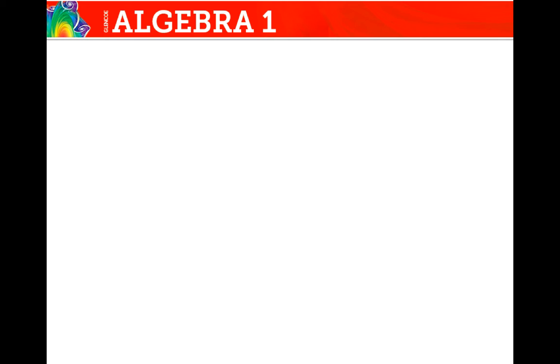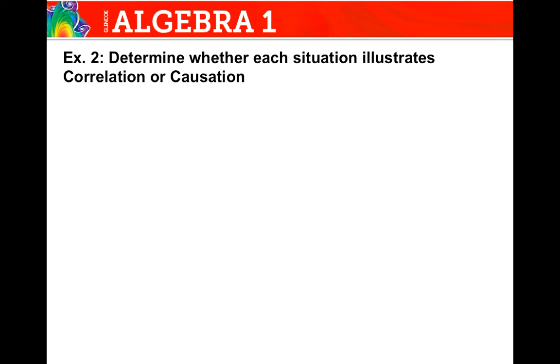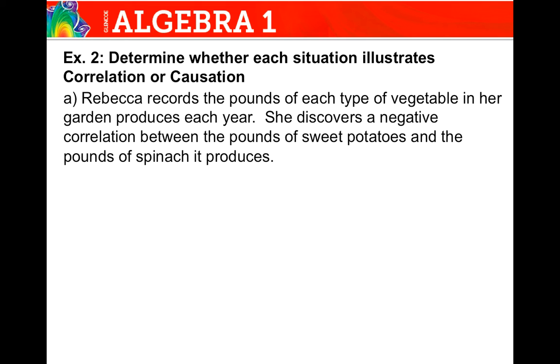So looking at these next examples, let's determine whether each situation illustrates correlation or causation. Rebecca records the pounds of each type of vegetable her garden produces each year. She discovers a negative correlation between the pounds of sweet potatoes and the pounds of spinach it produces. Okay?